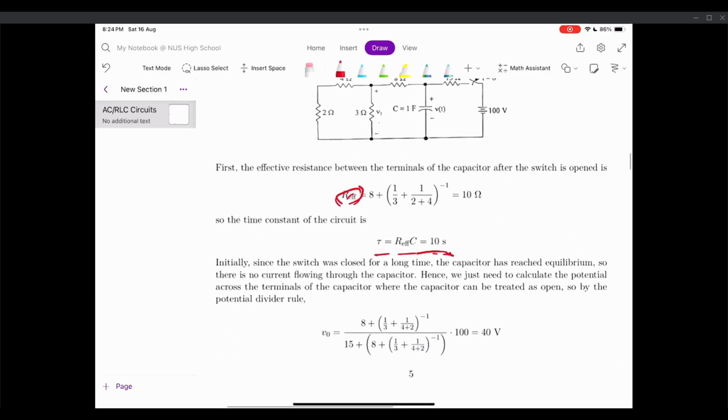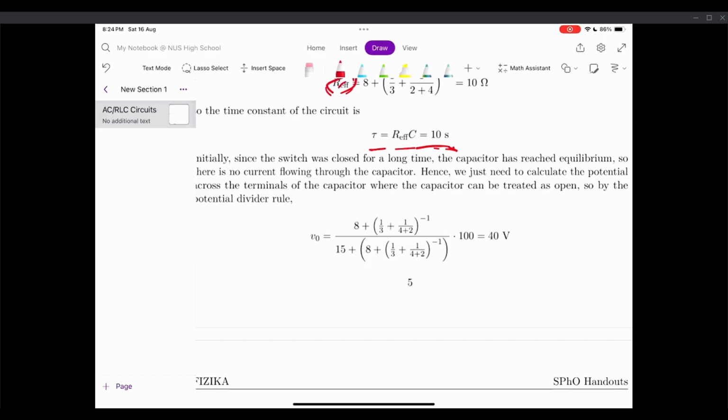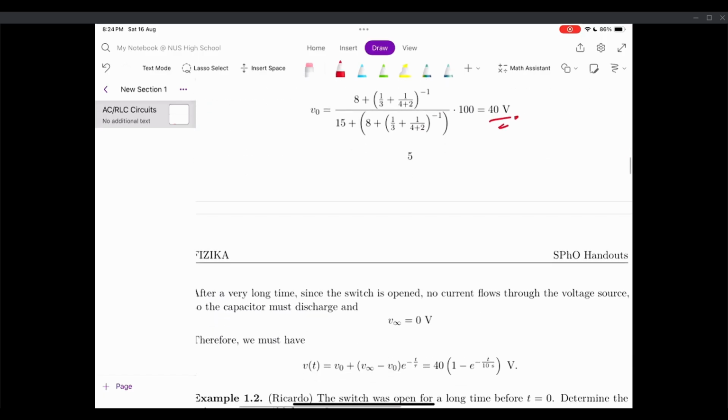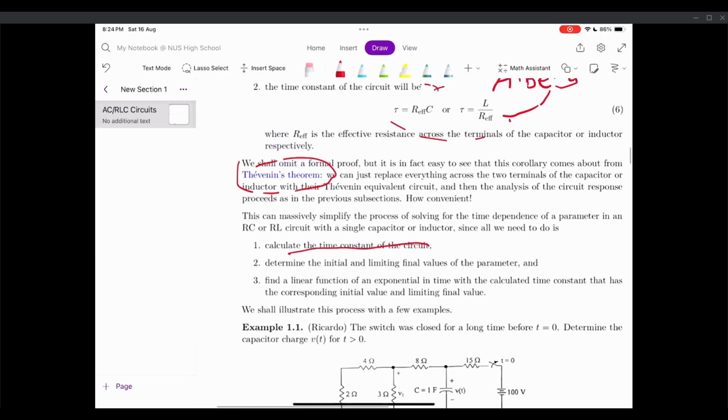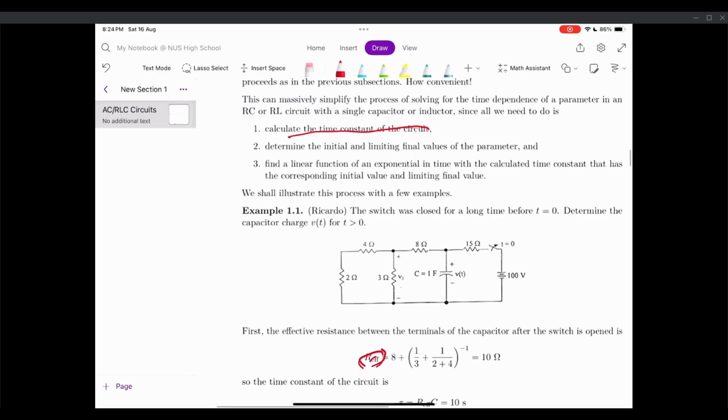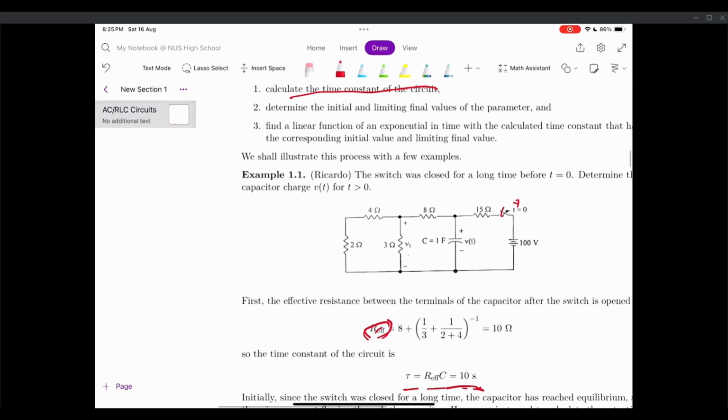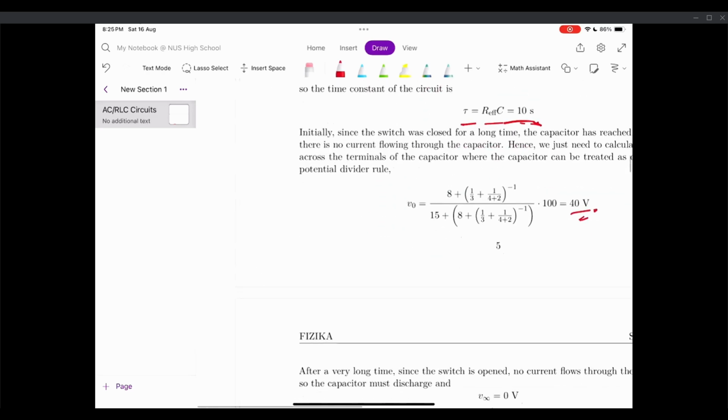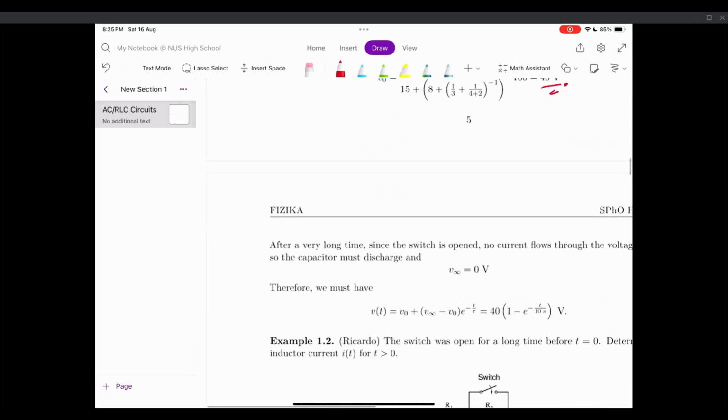To do that, you just apply the potential divider rule and you get this. Your final value is obviously zero, because the voltage source has been disconnected from the circuit. When you disconnect the battery, it's basically gone, so the capacitor is just discharging and your V infinity should be 0.